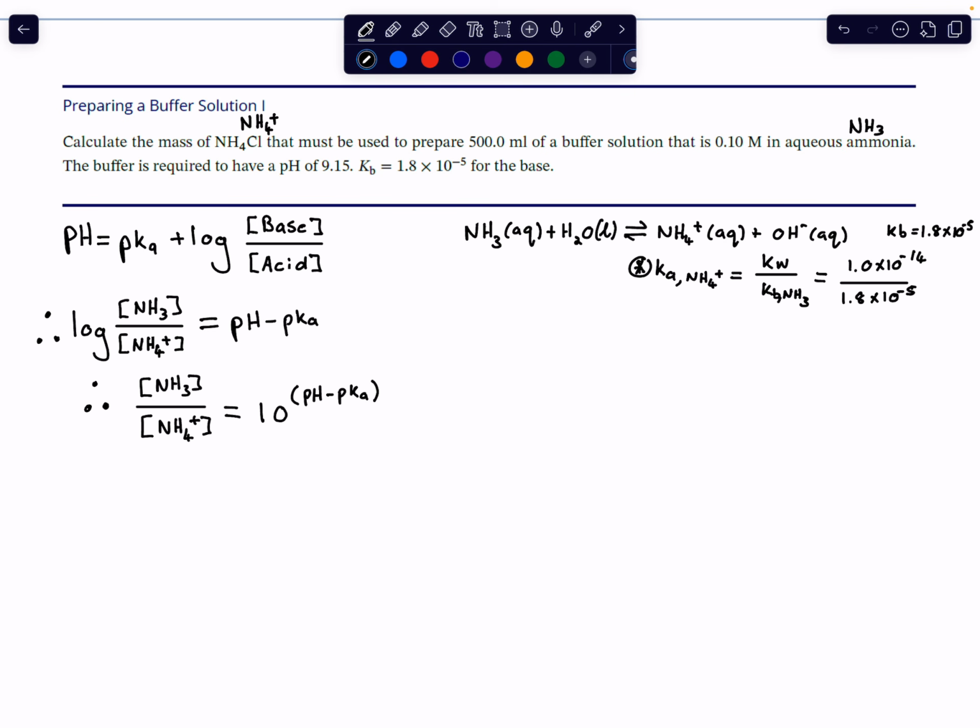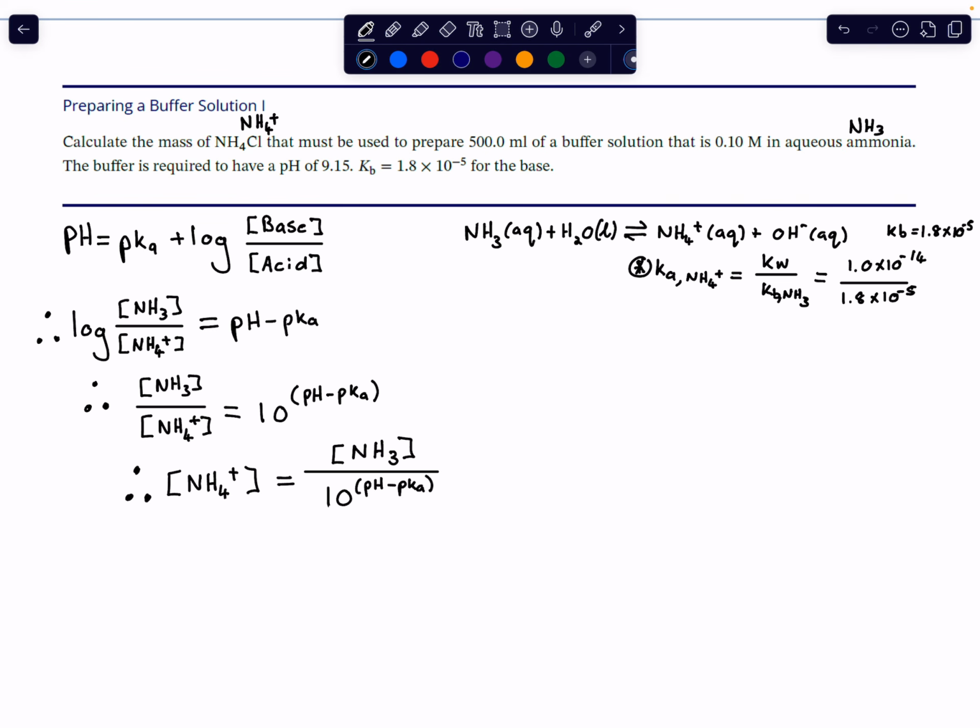We want the concentration of NH4+, so let's solve for that. We can multiply each side by NH4+ and divide, so that means the concentration of NH4+ is going to be equal to the concentration of NH3 divided by 10 to the power pH minus pKa.